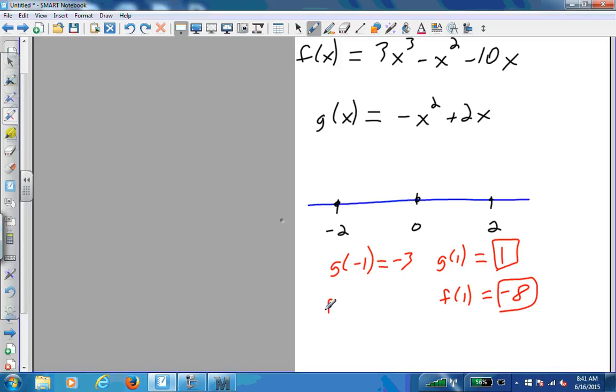If we put a negative 1 into f, negative 1 cubed is negative 1, times 3, so negative 3, minus 1, so negative 4. Negative 10 times negative 1 is 10. Negative 4 plus 10 is 6. So in that case, notice f is bigger, so that one's on top. So for this interval, f is on top, so you do f minus g. In this interval, g is on top, so g minus f.